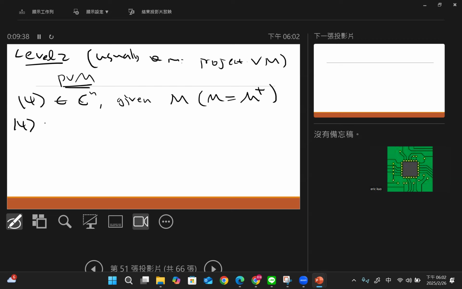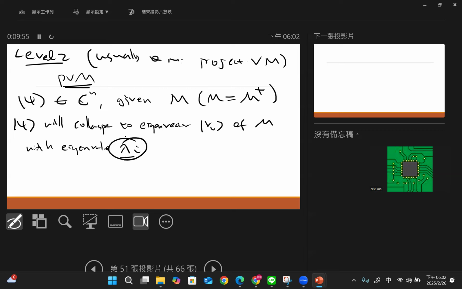The state psi will collapse to eigenvector Vi of M with eigenvalue. So basically, the measurement result is lambda i. You will get lambda i, and after that the state will collapse to that eigenvector. This is standard quantum mechanics, right?